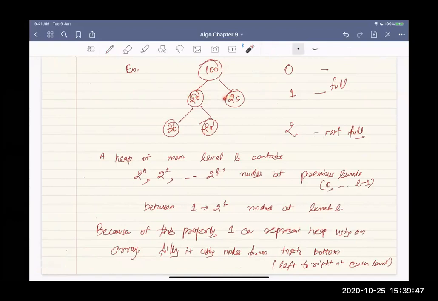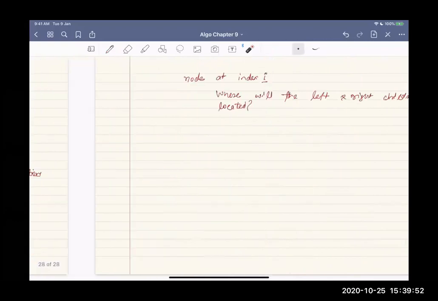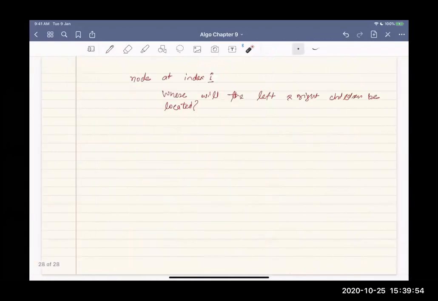So it turns out that for any node I, the left child will be at index 2i and the right child will be at index 2i plus 1. That looks quite easy for traversing from a node to its children.